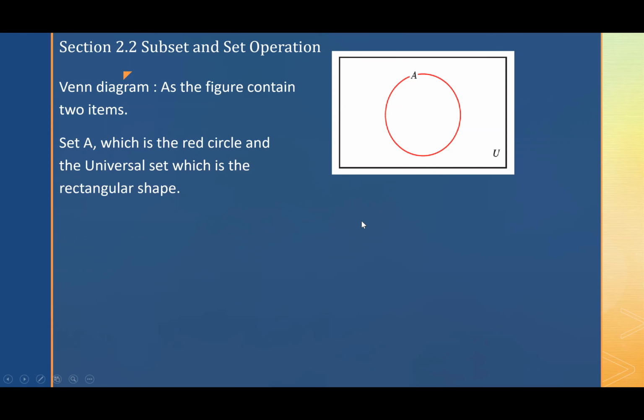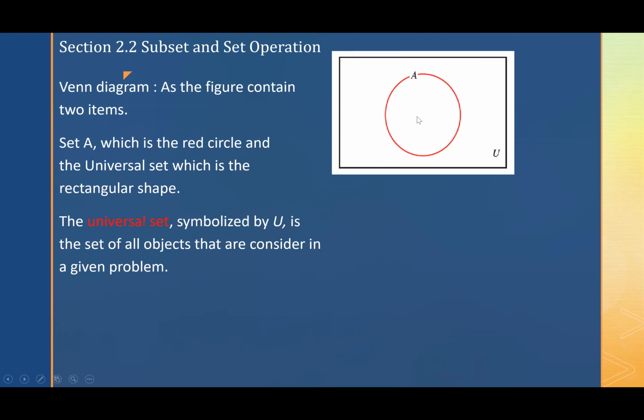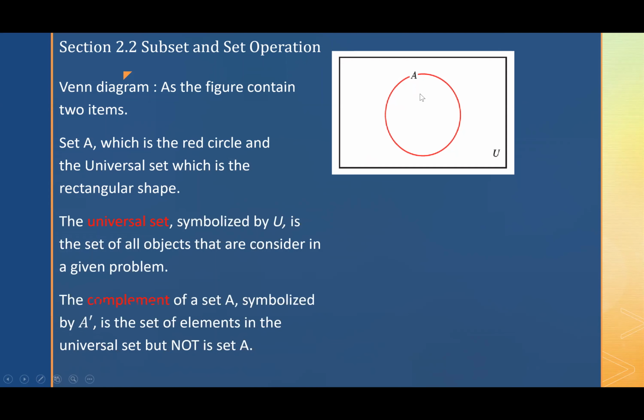So if it's inside my circle, I say that it's in the universe and it also belongs in the set I call A. If it's outside my circle A, I call that the complement of A, meaning the items outside of A are in the universe, because anything in this rectangle is my limitation, what I'm going to use, right?